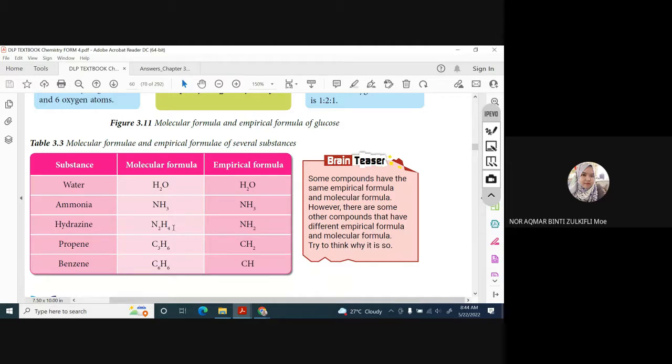Hydrazine N2H4, so it will be NH2. Propene C3H6. This one divide by 2, this one divide by 3, this one divide by 6. So you will get the simplest ratio.